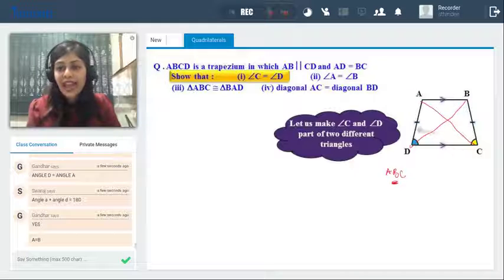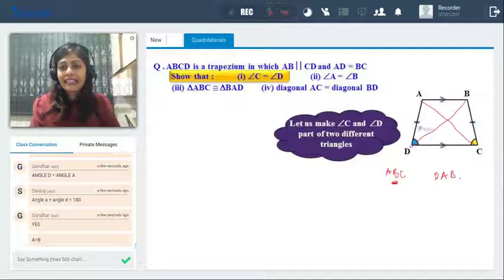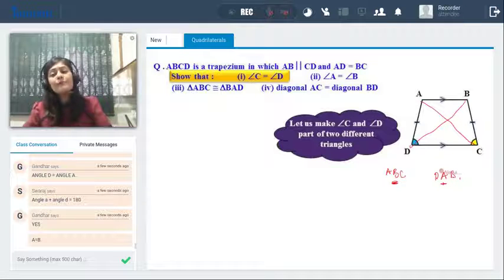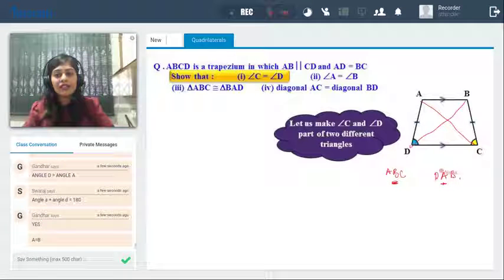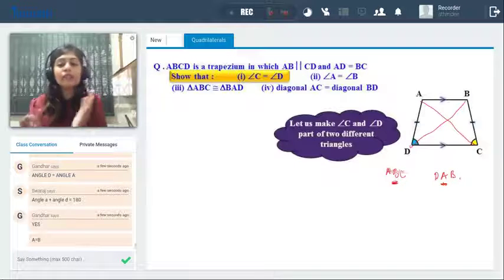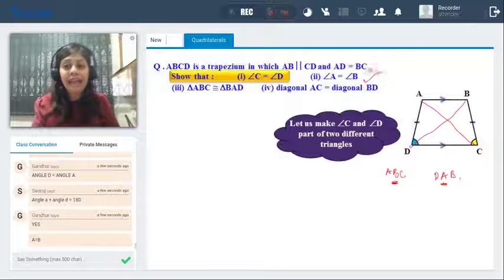Yes, so if I draw diagonal BD, look at triangle DAB. Triangle DAB has entire angle A. So if I prove these two triangles congruent, my work will be done, right? A and B will be congruent to each other. This is just an alternate way to solve the same sum for A and B.